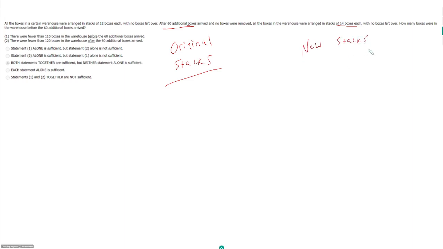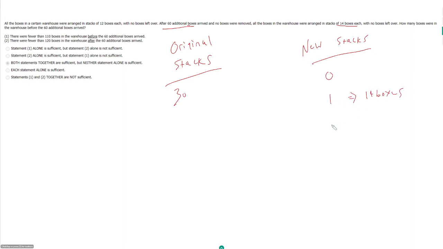And so we already mentioned one possibility, which is when I have 30 original stacks and I have 0 new stacks. The other possibility was I add 1 new stack, so it would have to be 1 new stack of 14 boxes.